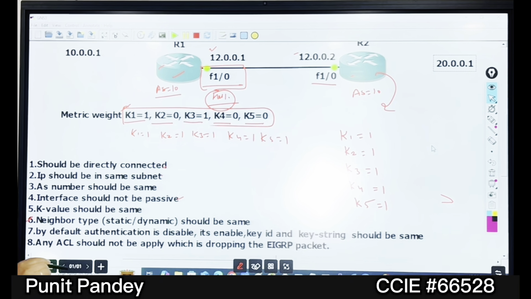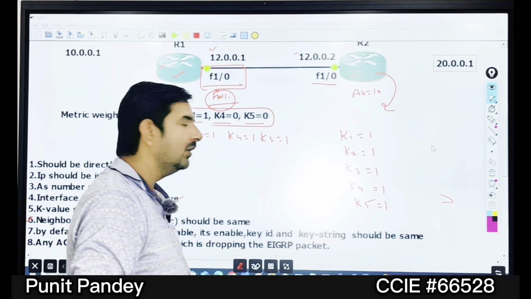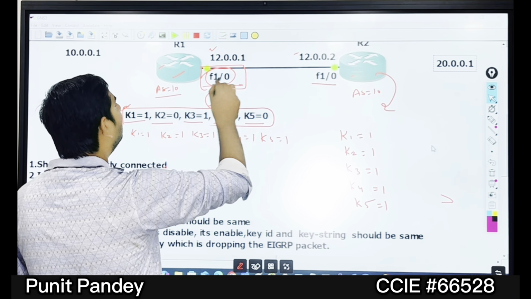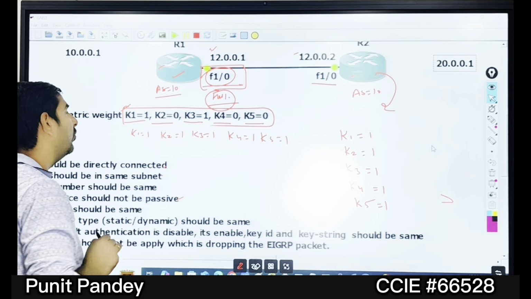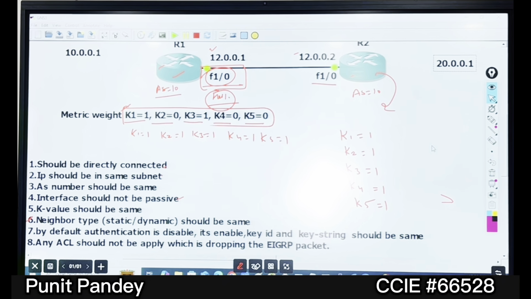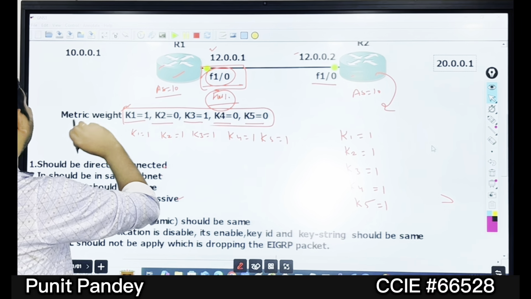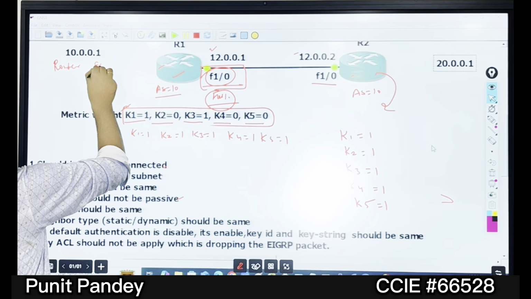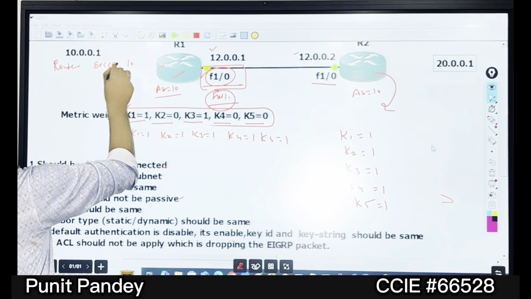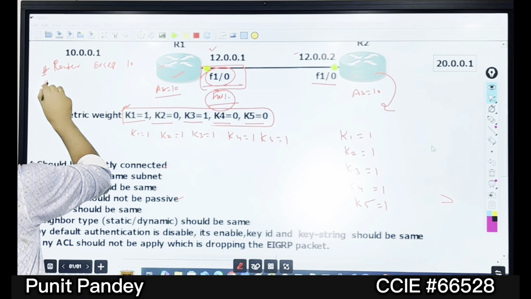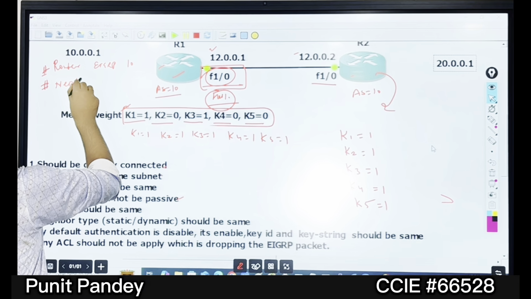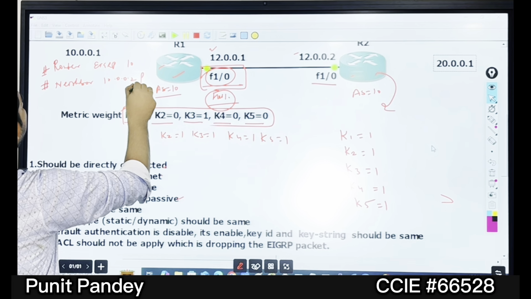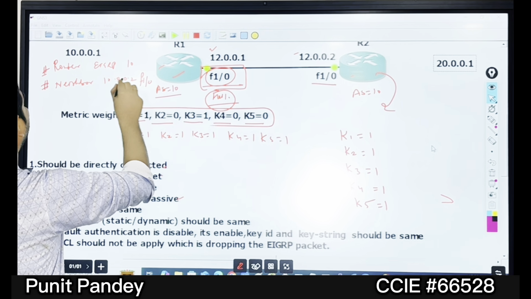Sixth condition, the neighbor type should be the same. That means if on this interface the neighbor type is static, the other end should also be static. How can we form a static neighborship? We execute the command: router eigrp 10, then the neighbor command, neighbor 12.0.0.2 and interface F1/0.